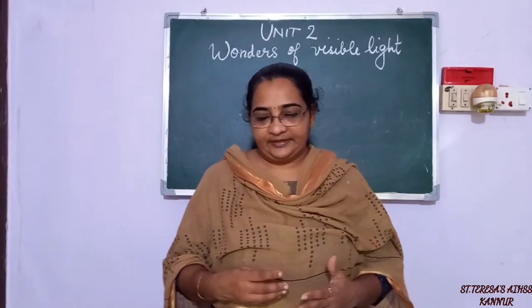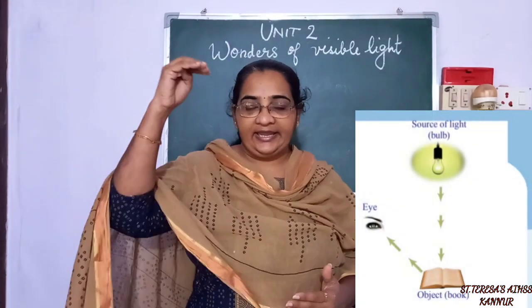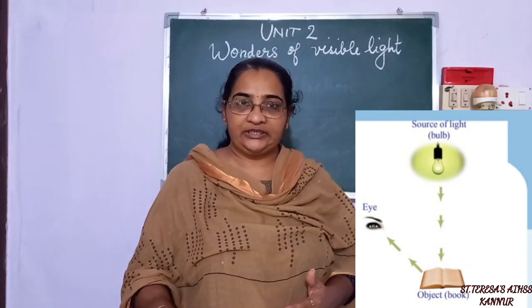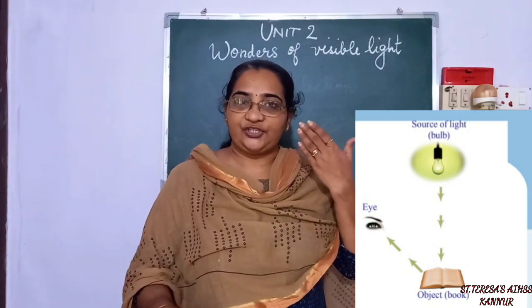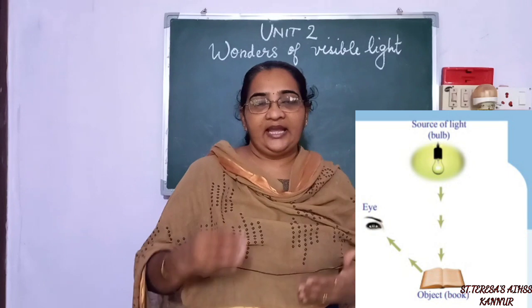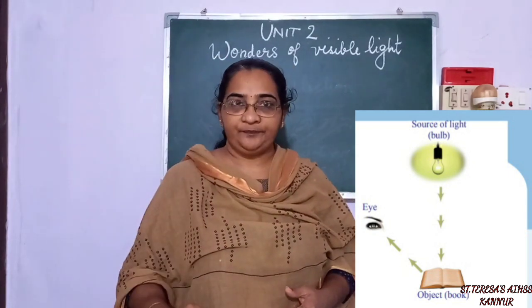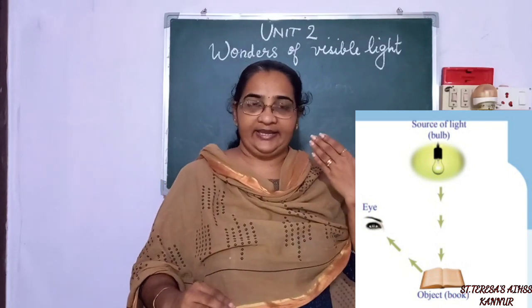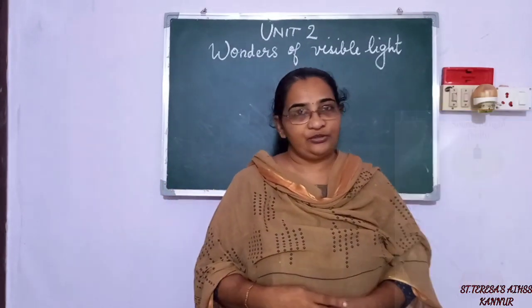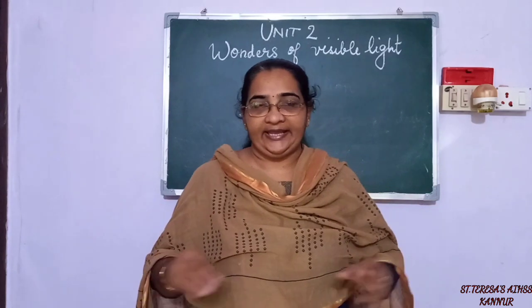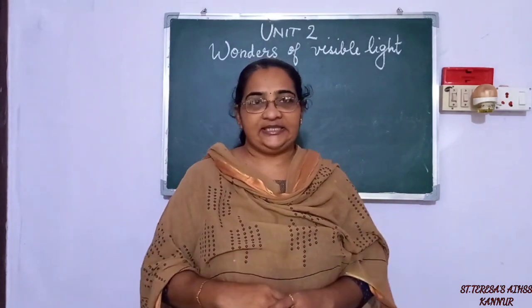The light which is falling onto the book is being reflected back into our eye and we are able to see. So the light which falls down is reflected back to our eye and that is why we are able to see. So when there is no light, we cannot see.